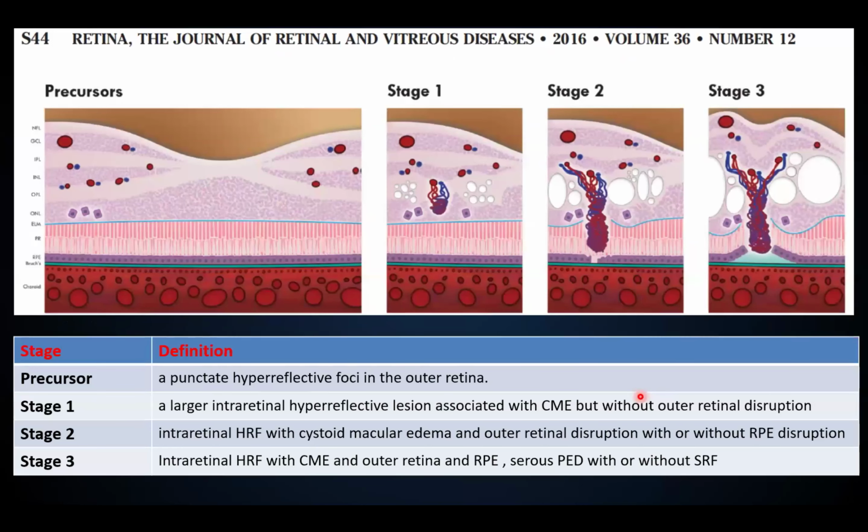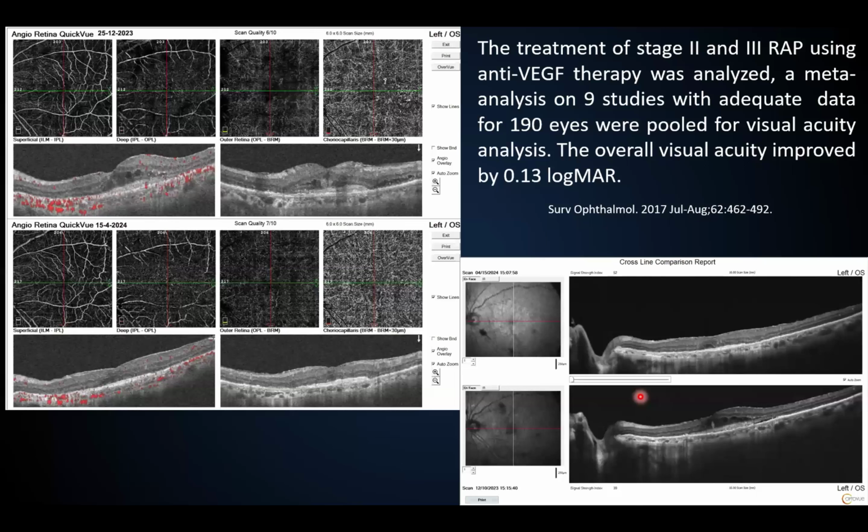Regarding the staging of this case, it is considered stage 1 to stage 2, and the earlier we start treatment, the better. What happens here is that I injected this patient three times with Eylea, and it shows very well that the CME almost disappeared, and there is consolidation of the hyperreflective material here.